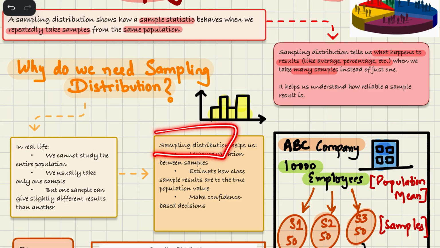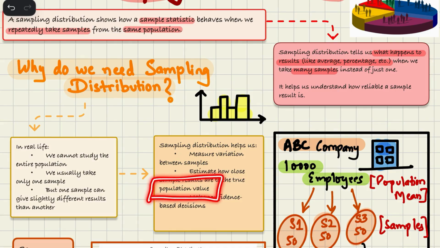That is why we use the sampling distribution, taking multiple samples, calculating their means and visualizing that. This helps us measure the variation between the samples, how much they vary from each other, and estimate how close sample results are to the population value.